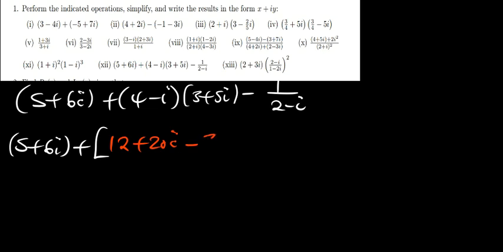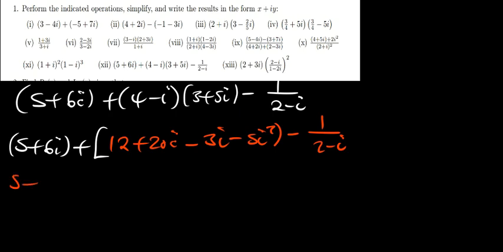So I'll say 5 plus 6i, and this one I'll put in big brackets. Then 4 times 3 is 12, 4 times 5i is 20i, then negative i times 3 is negative 3i, negative i times 5i is negative 5i squared. This one remains the same.